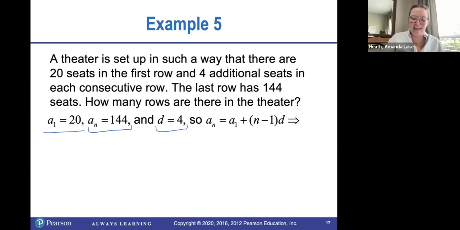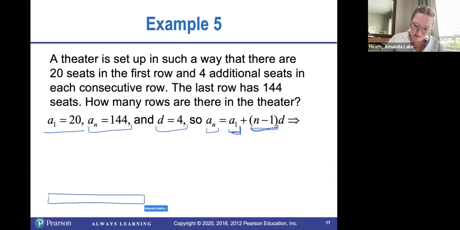So a_n is determined by the very first row's number of seats plus so many more rows adding d. So if I draw this out, right, then we start with 20 seats here. The second row is going to have 20 and 4 more.